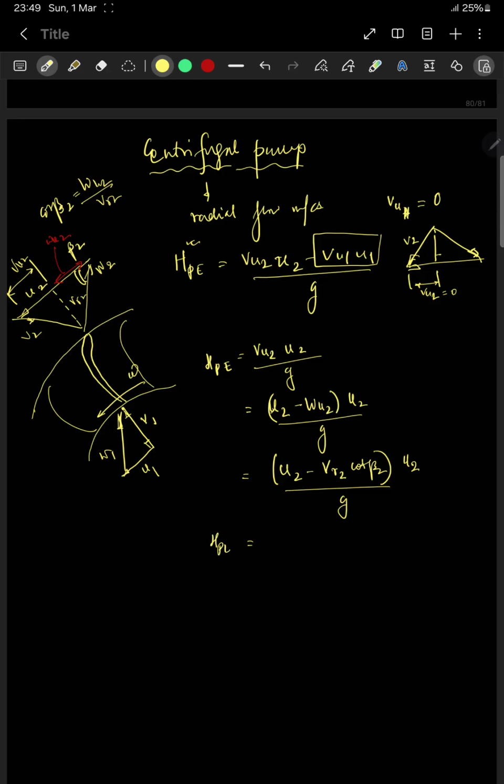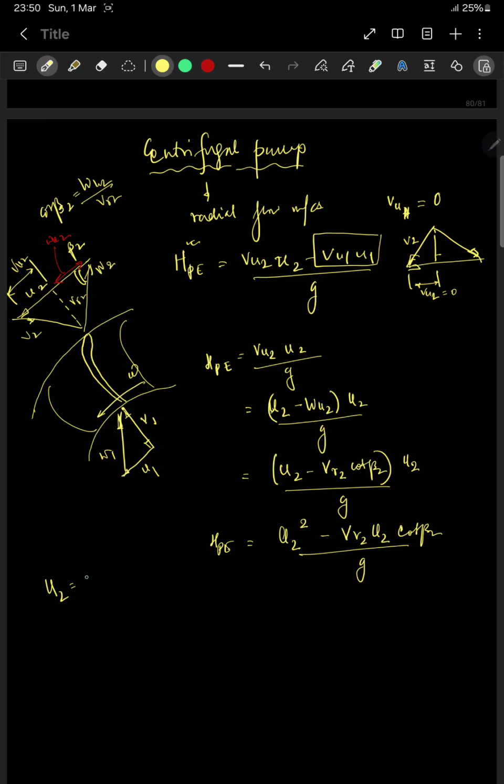So H is given by U2 square minus Vr2 U2 cot beta 2 by g.